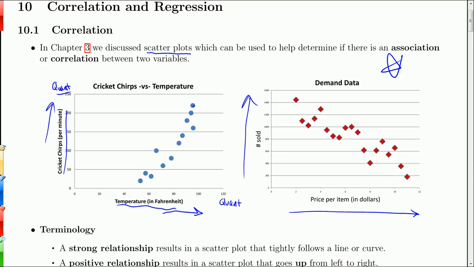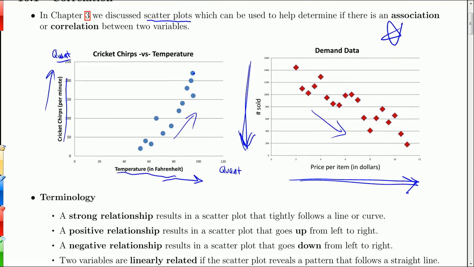What you can see from this graph is that as the price gets higher, the actual number sold goes down. As the cost increases, the number that are bought goes down. So this is going in that direction, whereas the cricket chirps are going up.